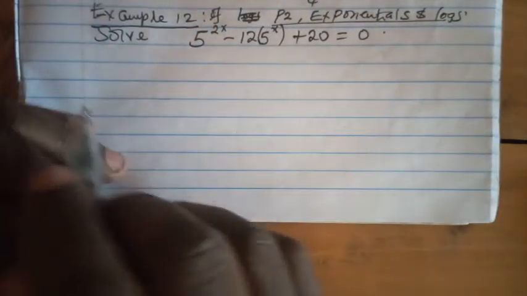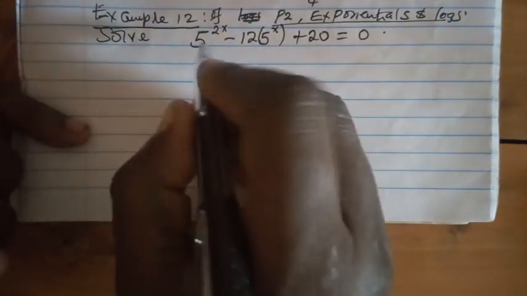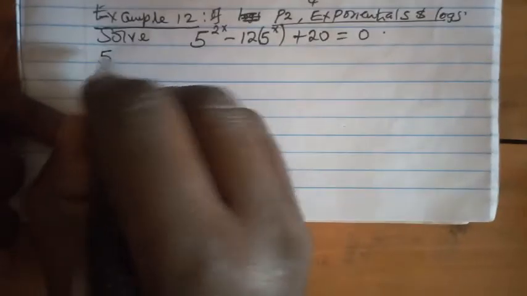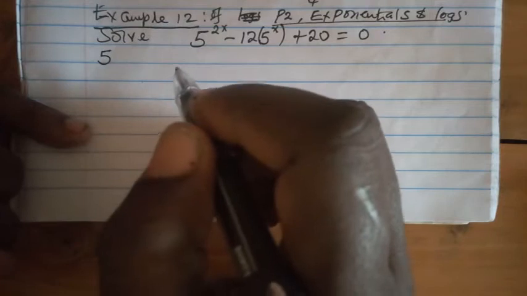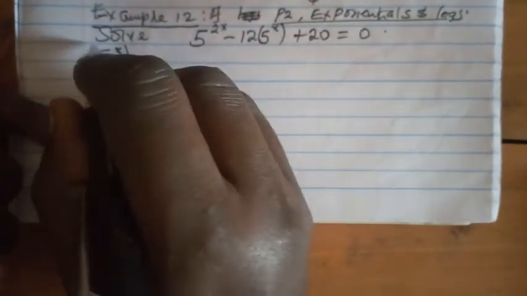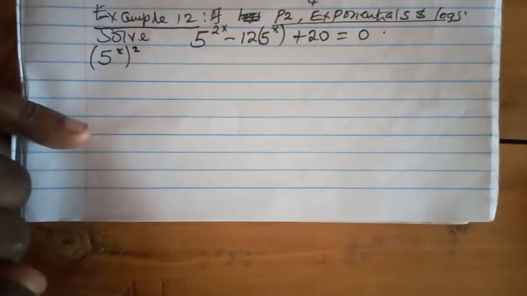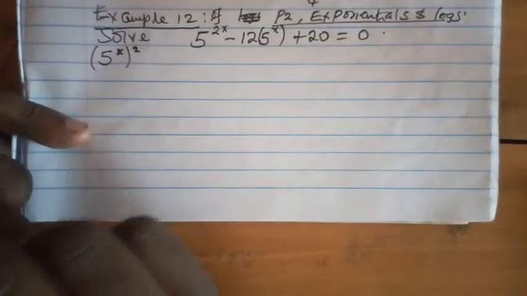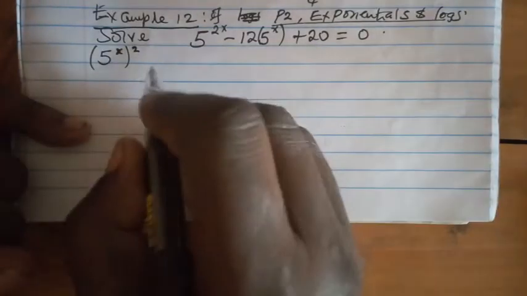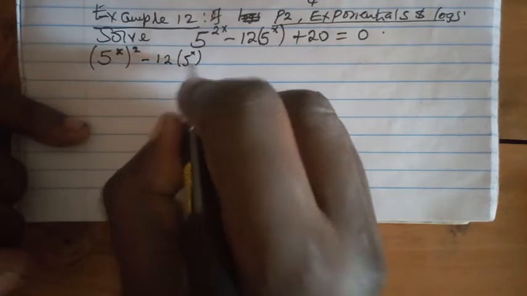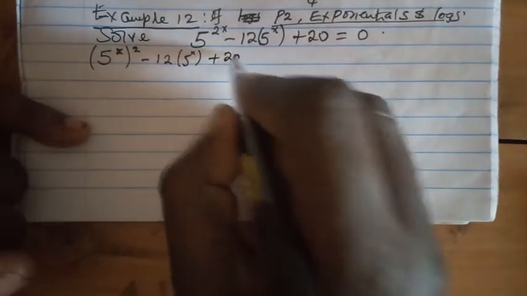If you now want to use laws of indices here, you might even say 5 raised to power x, squared. If you take 5 raised to power x to be just y or any variable, minus 12, 5 raised to power x plus 20 is equal to 0.